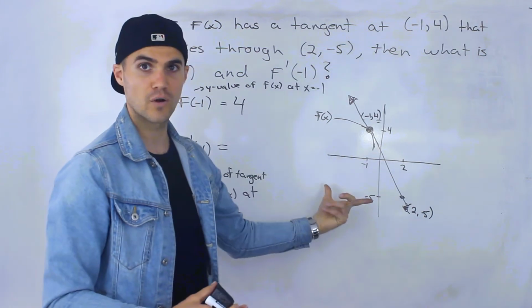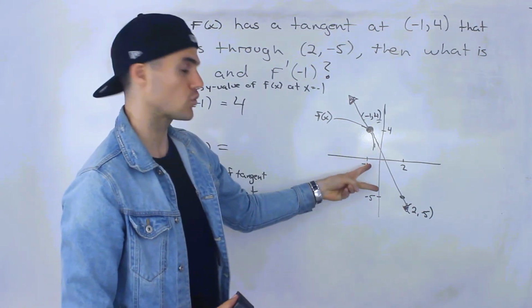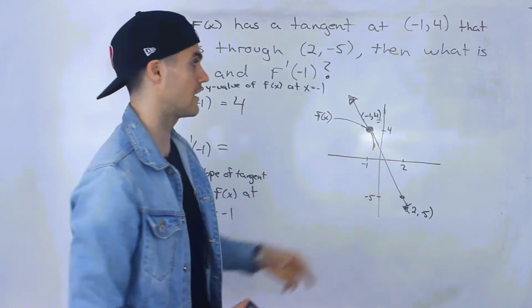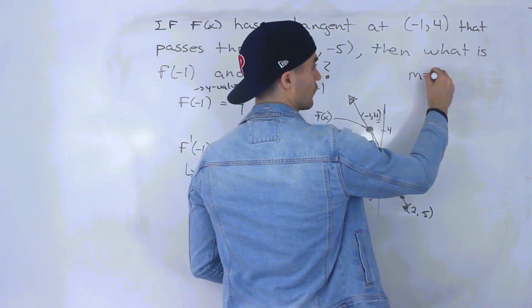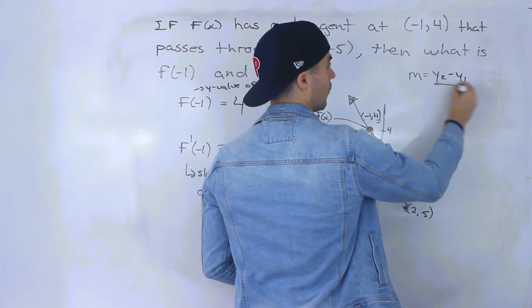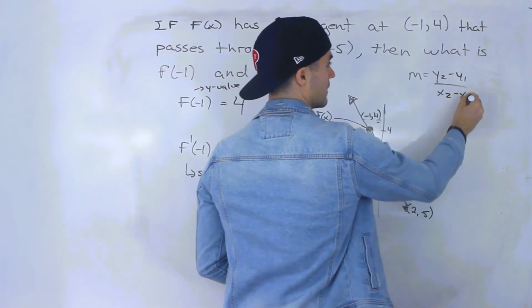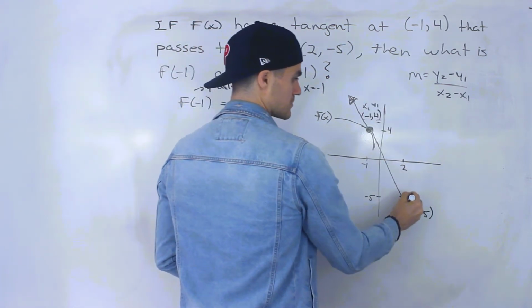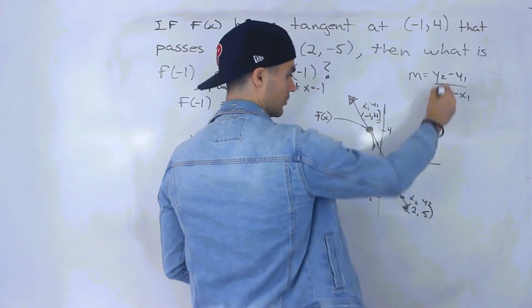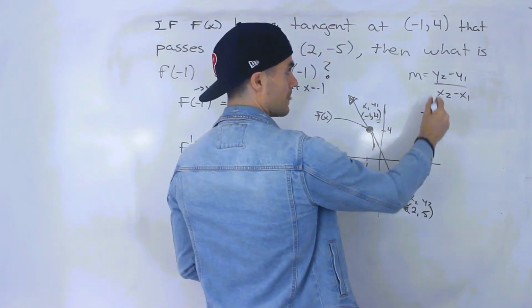And notice we can figure out the slope of this line because we have two coordinates on the line. So if you remember, if we have two coordinates on a line, what's the slope formula? y2 minus y1 over x2 minus x1. So if we let this be (x1, y1), we could let this be (x2, y2), plug all of that in here.